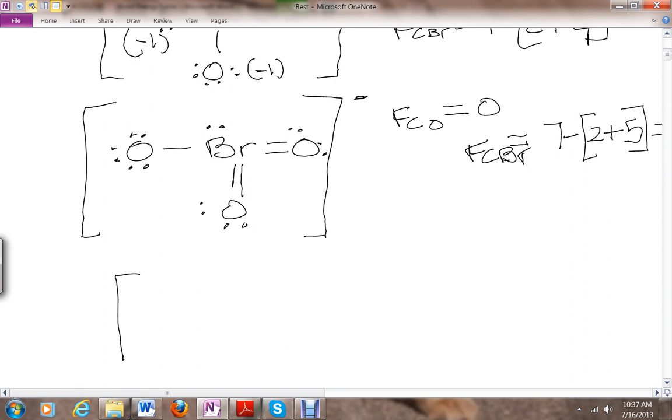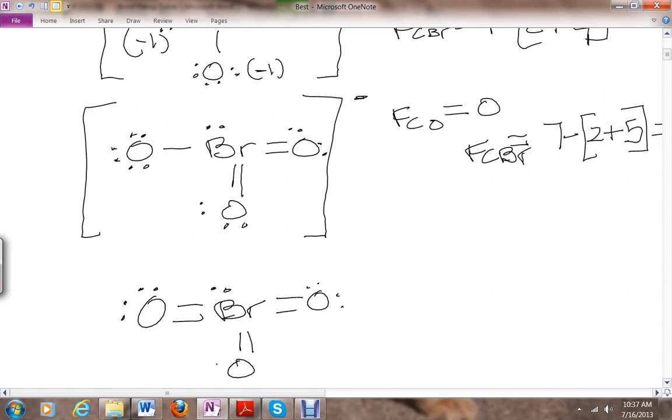If we have this Lewis structure, let's keep on going with more double bonds, okay? Let's put a double bond everywhere, on every oxygen, and this is 2. You got 0, 0, 0. Perfect. What would be bromine?